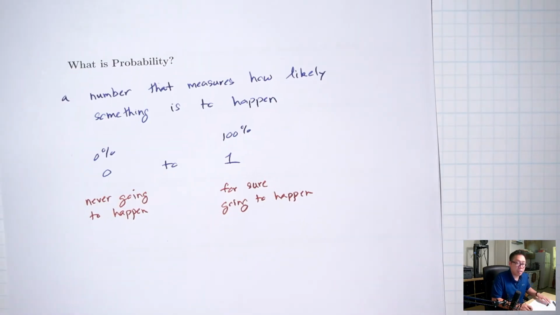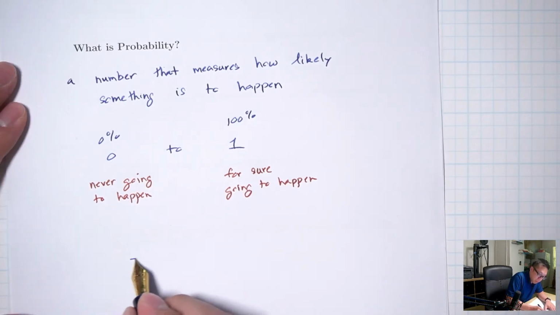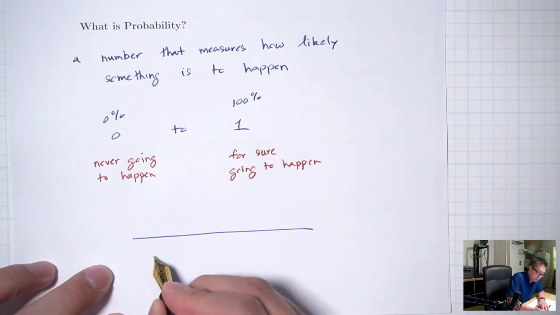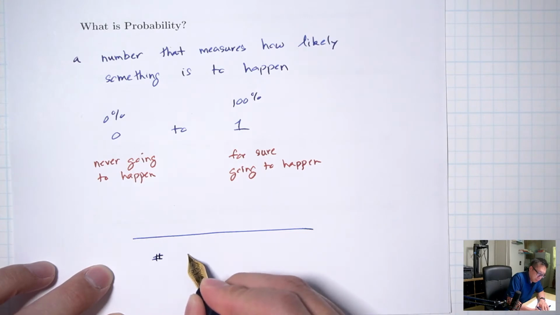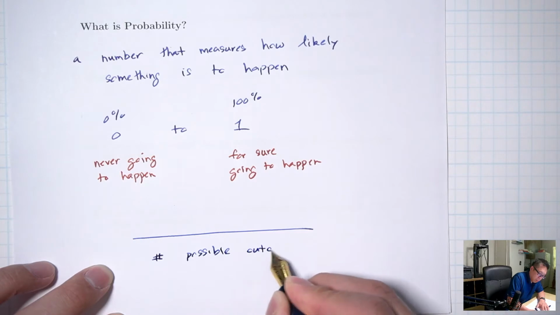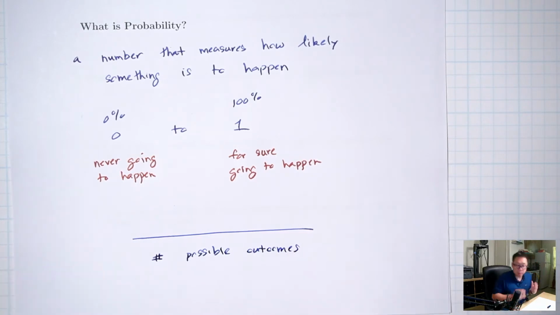How do we actually compute probabilities? For us, probabilities are going to be fractions. On the bottom, you're going to count all of the possible outcomes in a particular situation.